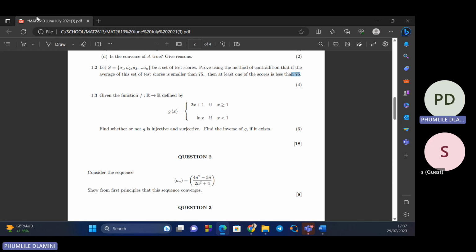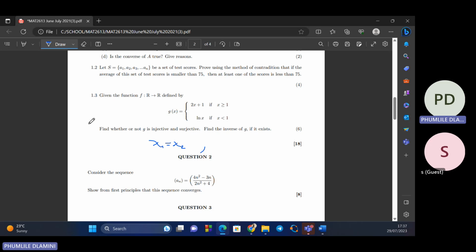So at the end, we must get x1 equal to x2. And we must also check about the 1-to-1.